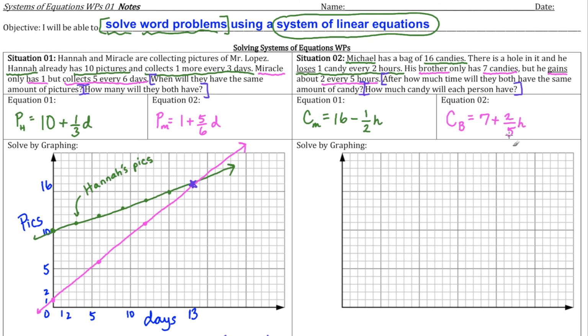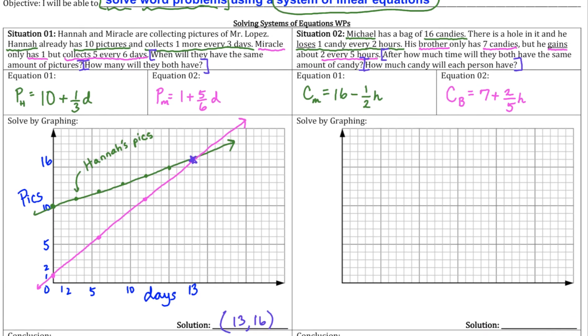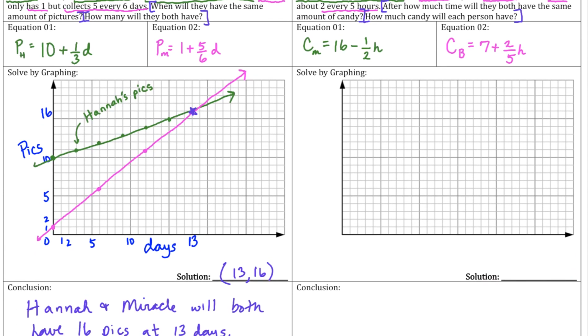Or you can think about this as 2/5 of a candy every hour. So when will they both have the same amount of candy? How much will that be? Let's label our axes. So this will be our candy axis, and this will be our hour axis. You can always put time also if you prefer. Just make sure if you were to use time, you put hours in parentheses so I know that you're talking about hours.